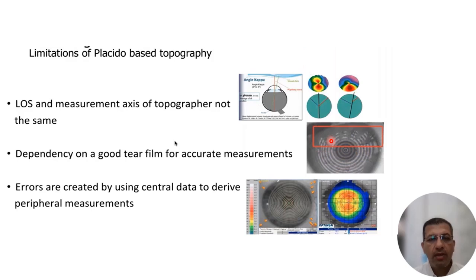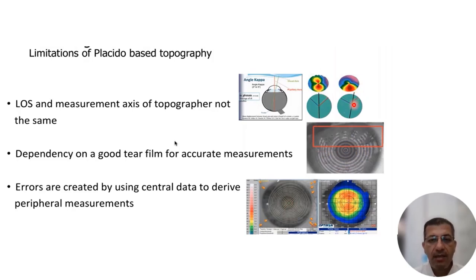Now I would like to speak about some of the limitations of the Placido disc topography. Purely Placido disc based, the alignment, when the line of sight is not properly aligned with the topography, is a major source of error. As you can see here, when the eye is aligned with the topography, it gives you, for example, this asymmetric bowtie.